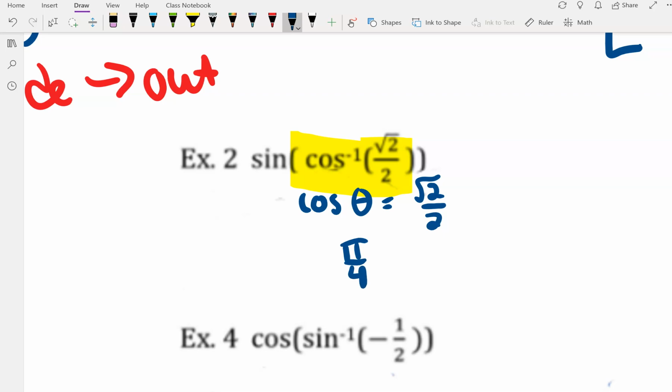So I know that inverse cosine of root 2 over 2 equals pi over 4. And now I still have to deal with the sine. And then sine of pi over 4 is root 2 over 2. That will be my final answer.